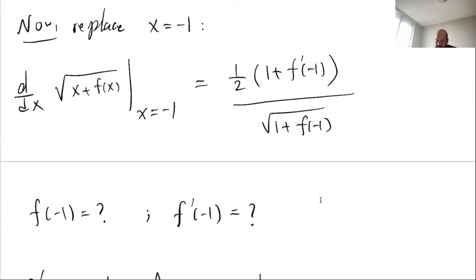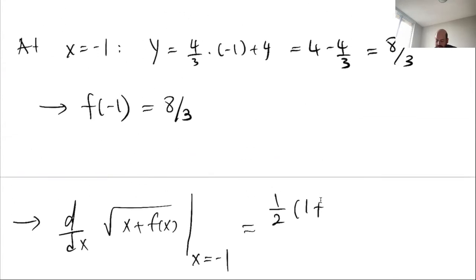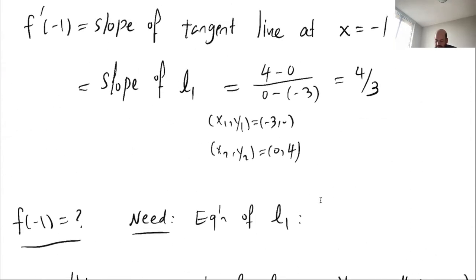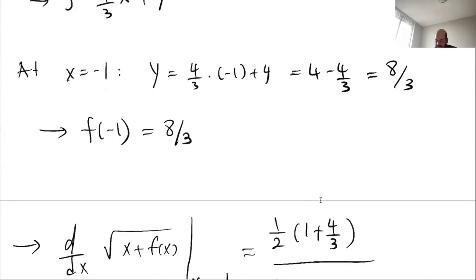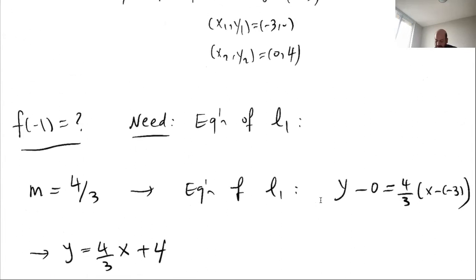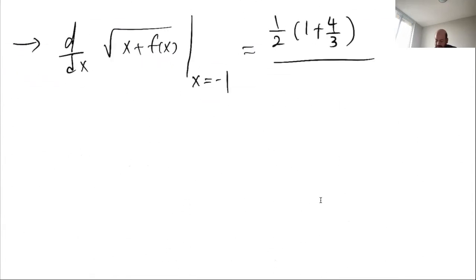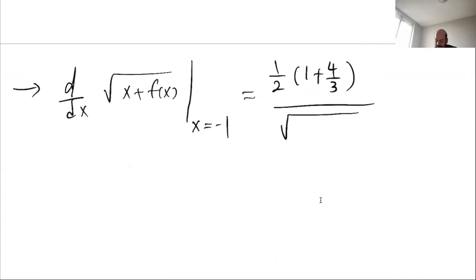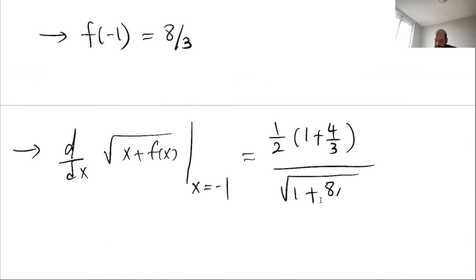That's going to be 1/2 times 1 plus f prime of -1, and f prime of -1 is 4 over 3, divided by square root of 1 plus f of -1. So square root of 1 plus 8 over 3.